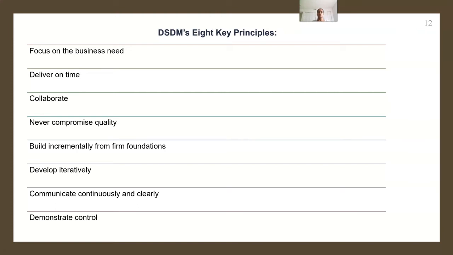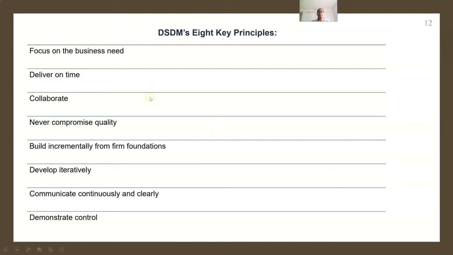DSDM specifically calls out fitness for business purpose as the primary criteria for delivery and acceptance of a system. It mainly focuses on 80% of the usable system deployed in 20% of the time.